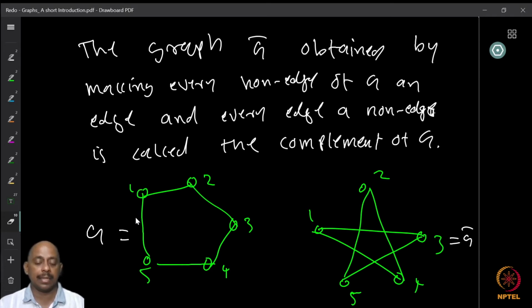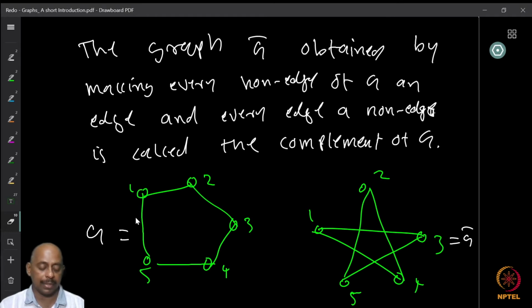Whenever there is an edge in the graph G, that edge is not present in the graph G bar. If there is no edge between two vertices in the graph G, there is an edge in the graph G bar. So every non-edge of G becomes an edge, and every edge becomes a non-edge. Such a graph is called the complement of the graph G.